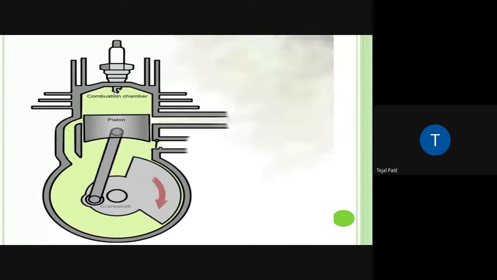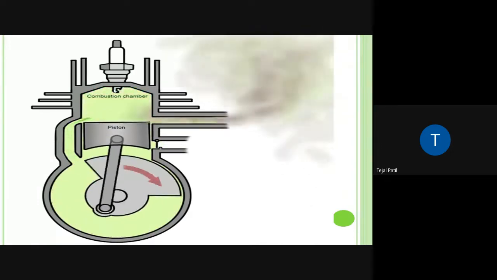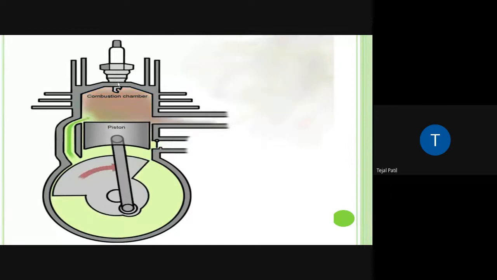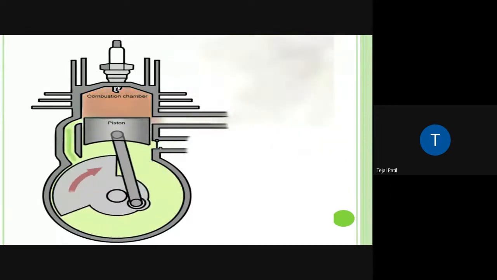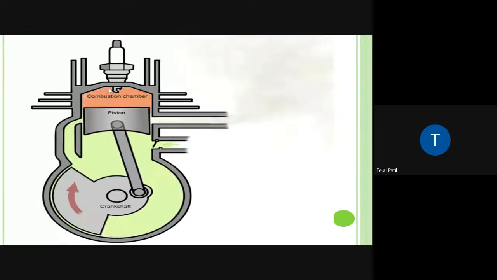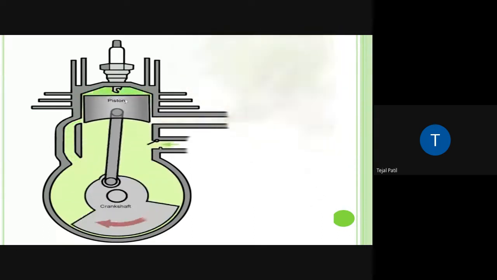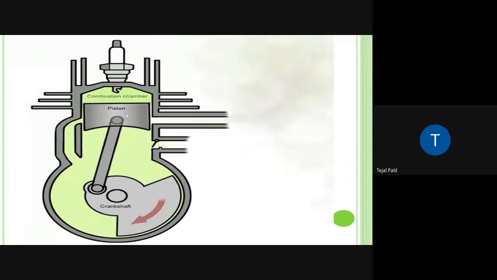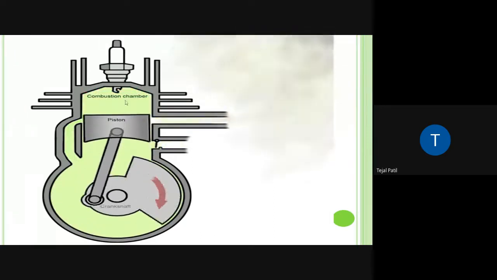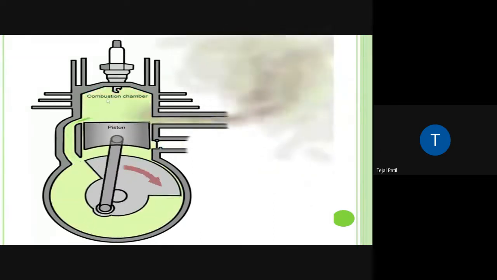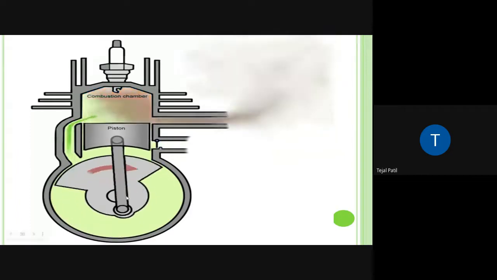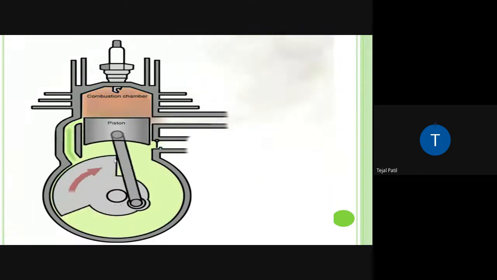At the end of the compression on the upper side, the sparking will be there or fuel injection will be there, and then a huge explosion will take place and it will exert a force on this piston. When the piston is moving downward, here power stroke is going on, while on the bottom side partial compression is going on.